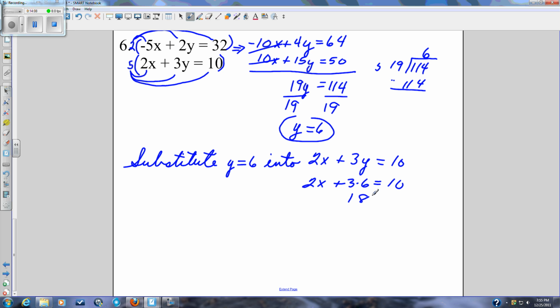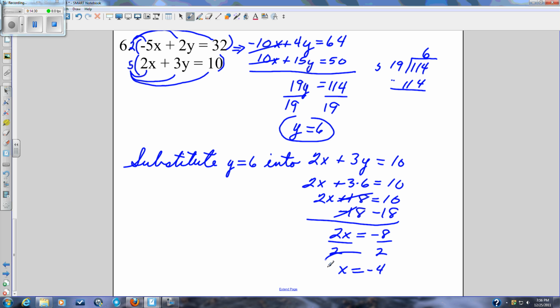So we have 2x plus 18 equals 10. Subtract 18 from each side. And I have 2x equals -8. Divide each side by 2. And x equals -4. And so our ordered pair ends up being -4, 6.